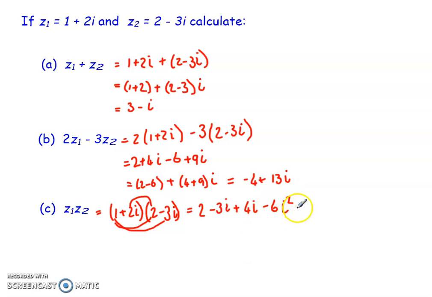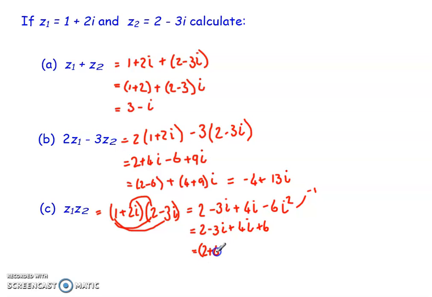Now remember, the i squared is negative 1, so that's negative 6 times negative 1, so I can write that out as 2 take away 3i plus 4i plus 6. Minus 6 times minus 1 gives me plus 6. Then, same as before, group the real, group the imaginary, see what we get from there.